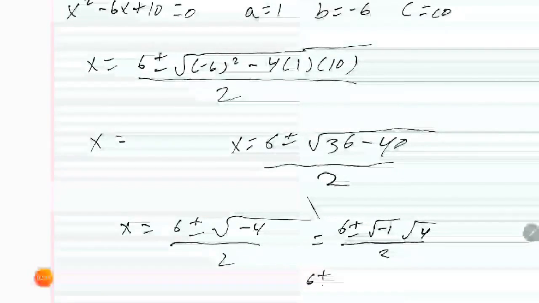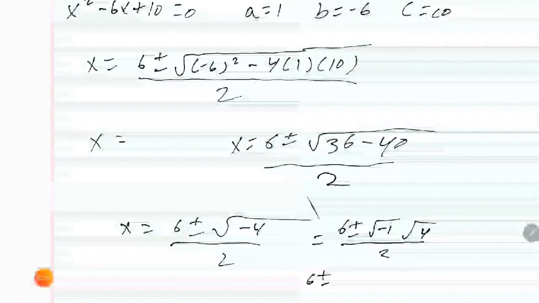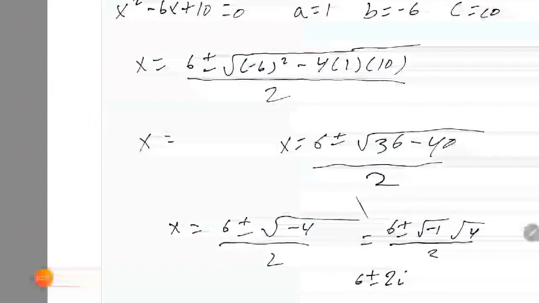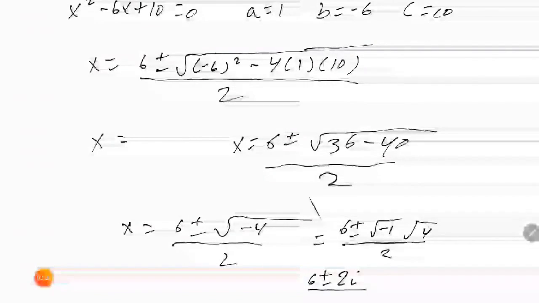So 6 plus or minus i times the square root of 4, which is 2. So 2i divided by 2 is equal to 3 plus or minus i. So in this case, we have 2 imaginary roots, or zeros, or x-intercepts.